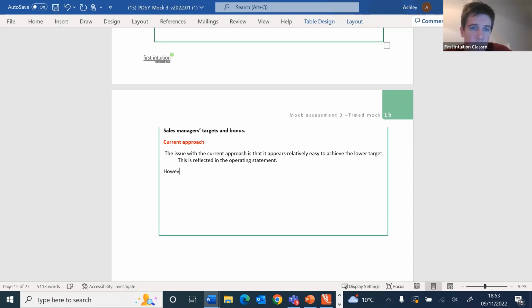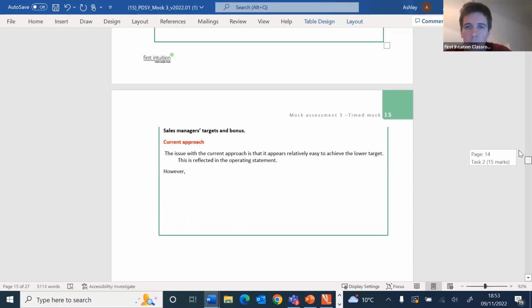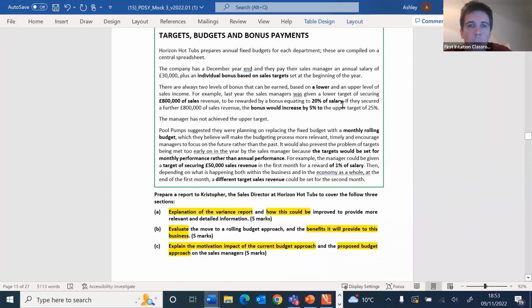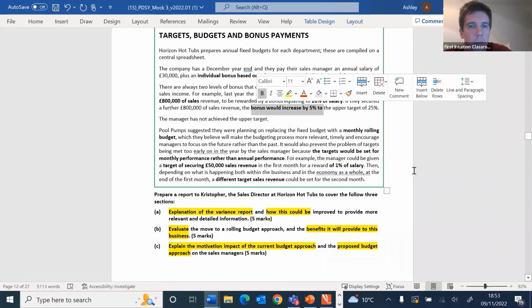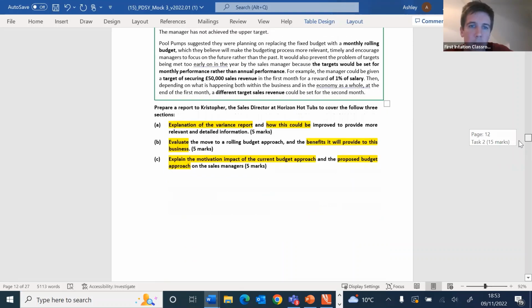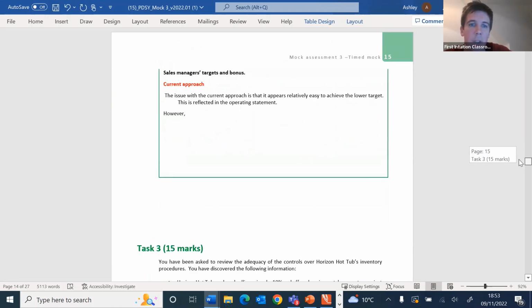However, you could argue that to double revenue just for an extra 5% probably isn't going to motivate staff. So in a nutshell, we think that the lower target is quite easy, but the higher target is probably quite difficult. Yeah. So motivation for the lower level, fine.